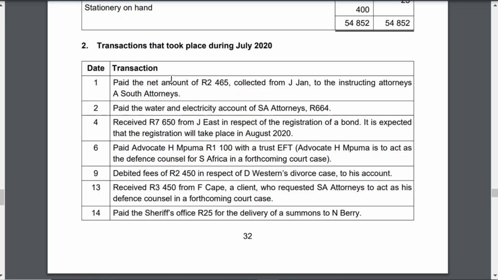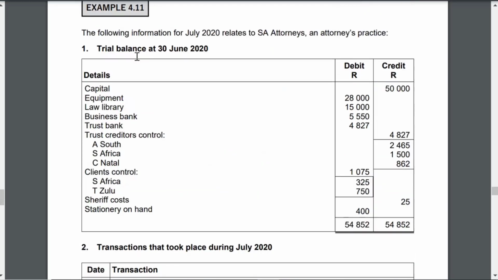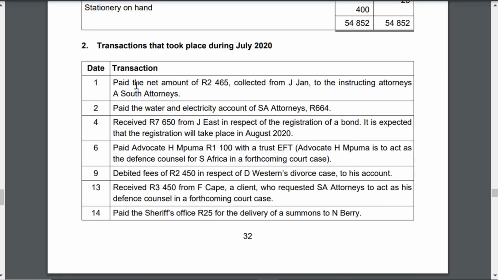So who paid? Because we're dealing with SA attorneys, SA attorneys paid the net amount of 2,465 collected from GGen to the instructing attorneys, A South.